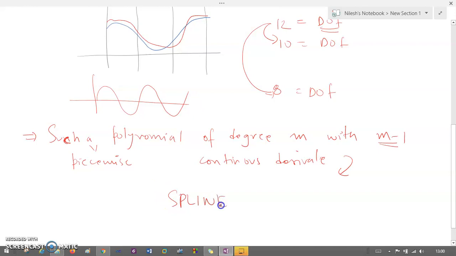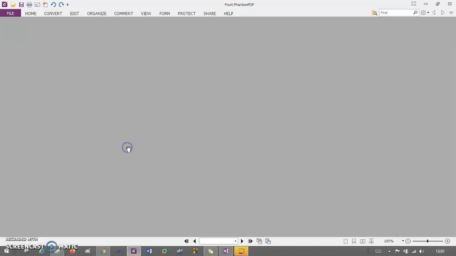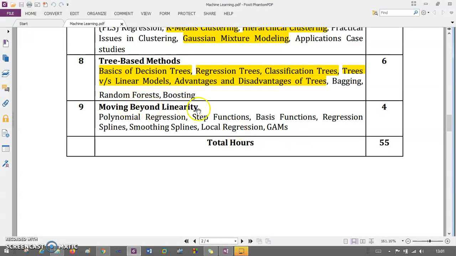And you already had seen a regression spline, so this is the spline. Okay, so you can have a cubic spline, natural spline. There are numerous splines available, and we can use that spline to smoothen our piecewise polynomial function. So these are all the methods that you can apply for your last chapter, and your last chapter is moving beyond linearity.